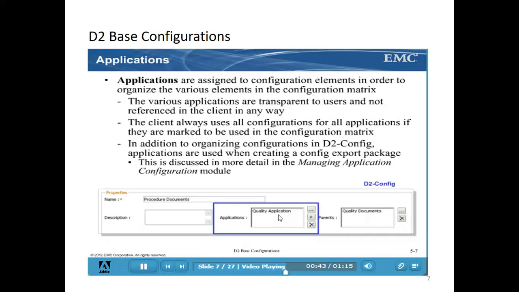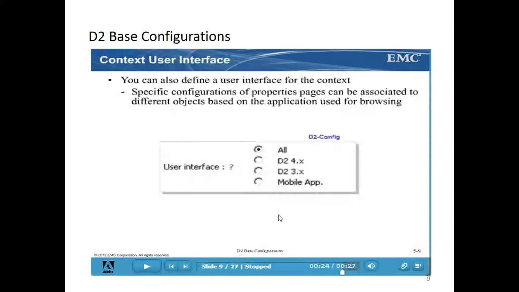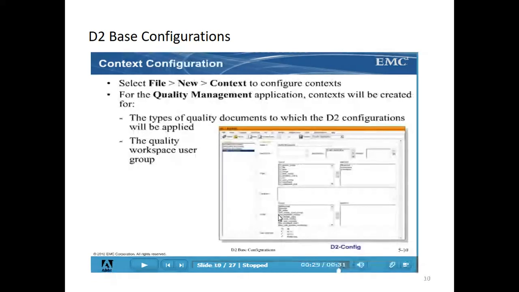You have to select the application while creating the context and the parent application name. If a parent is there, you can inherit from the parent. You can select the parent and the list of interfaces this context is applied to, like either all, D2 4.x, 3.x, like that. This is where you can create the context file, a new context.